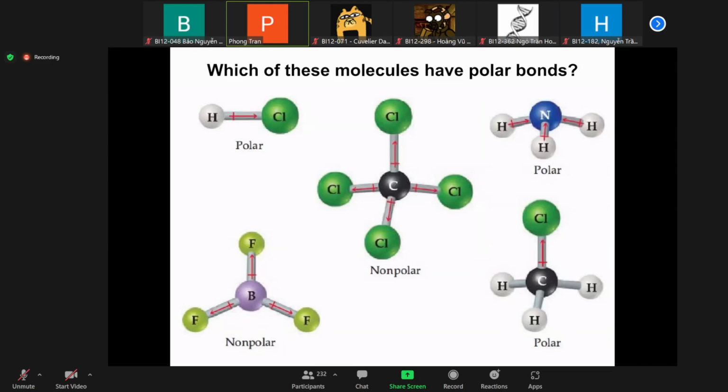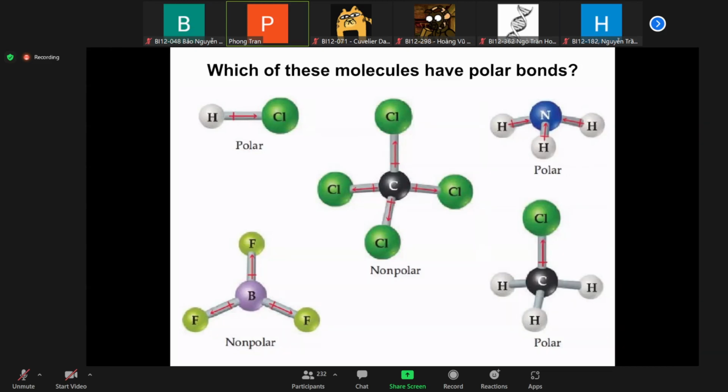For the case of BF3, for example, this angle is 120 degrees. When you combine these two vectors, the angle here is going to be 60, right?